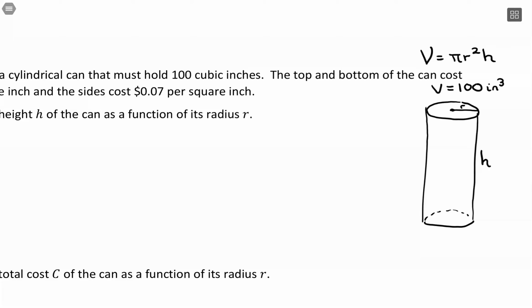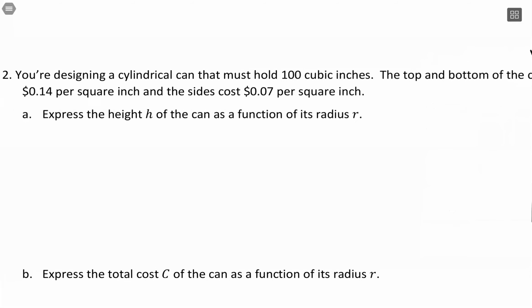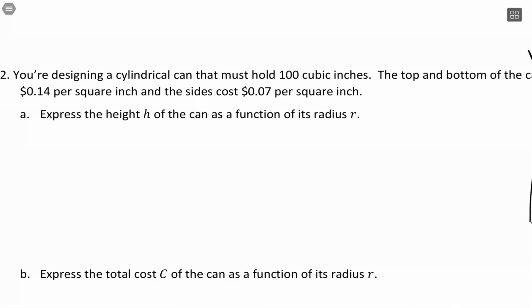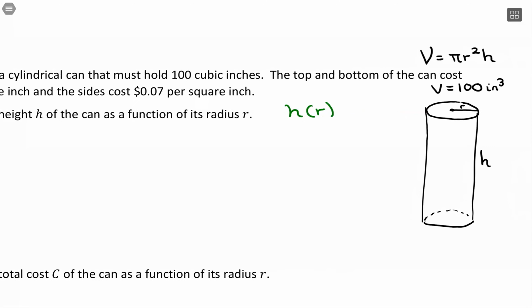So we have this relationship between volume, and we know what the volume is. So let's use that relationship. Express the height h of the can as a function of its radius r. So we want a function h of r. And what we just got is this relationship between we know what the volume is and we know how to calculate it using h and r.